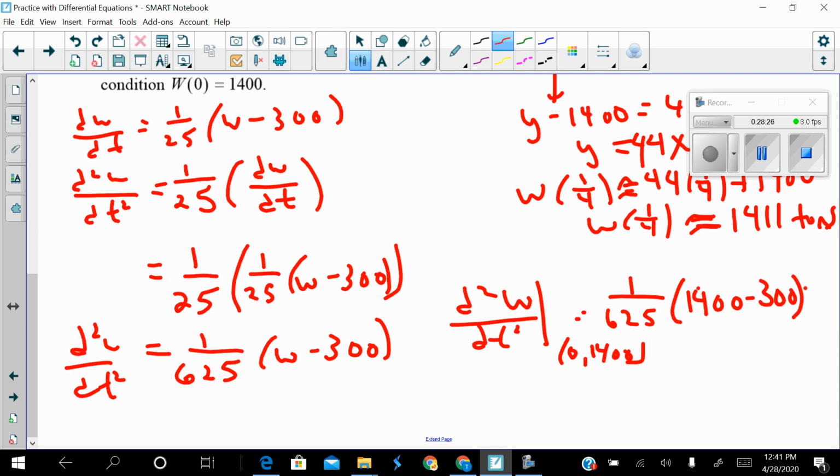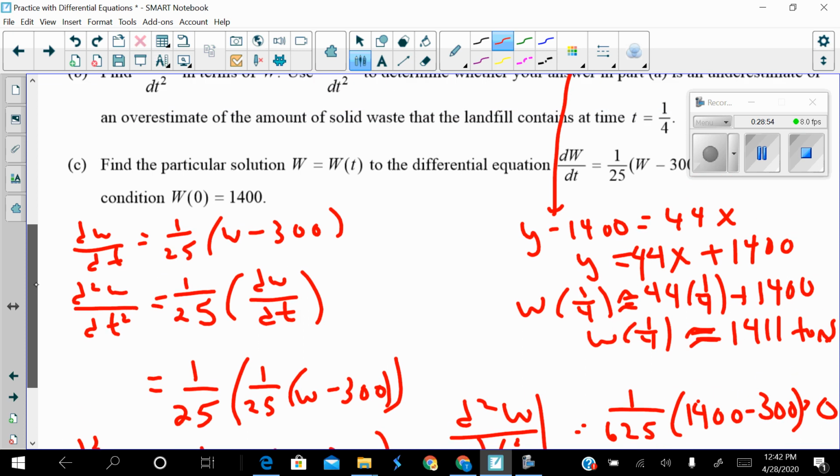Well, whatever that is, I know it's positive. That means the graph is concave up. You used a tangent line approximation to approximate a functional value where the graph is concave up. So that means your approximation is going to be less than the actual value.